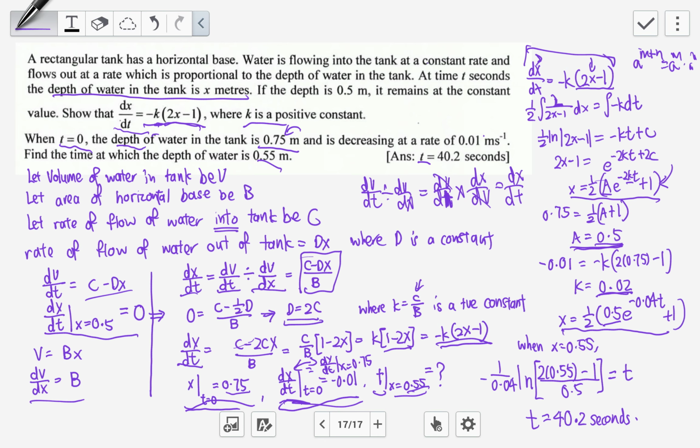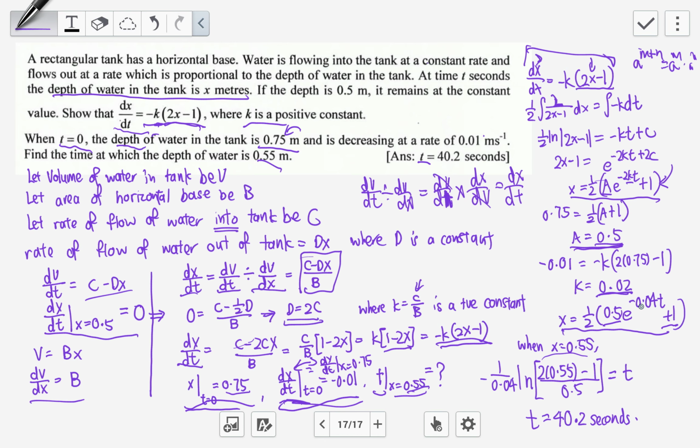To get my t, 0.55, I multiply by 2, so I have this. After I multiply by 2, I must minus 1, because I bring this 1 over to the other side, and then I need to divide by 0.5. What is left is e^(-0.04t) equals this part. To get rid of the e, I ln both sides. That's how this ln came about.